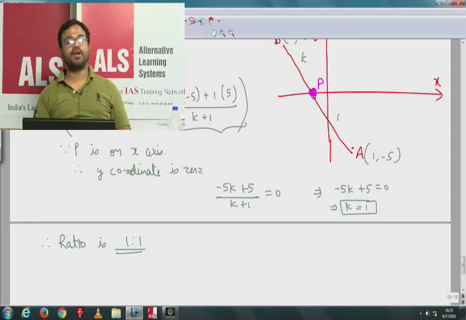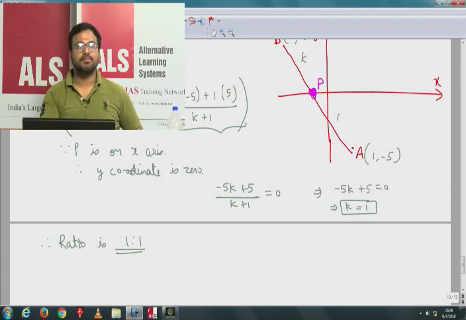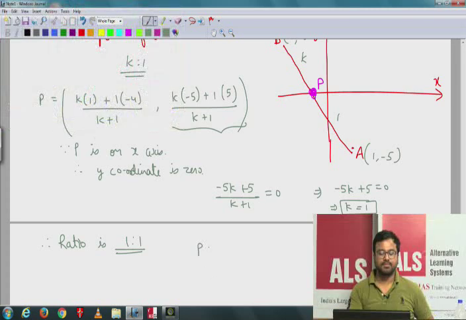Second thing we have to find is the coordinates of the point of intersection, which means the coordinates of point P. After getting the value of k, you can substitute the value of k in the P function.